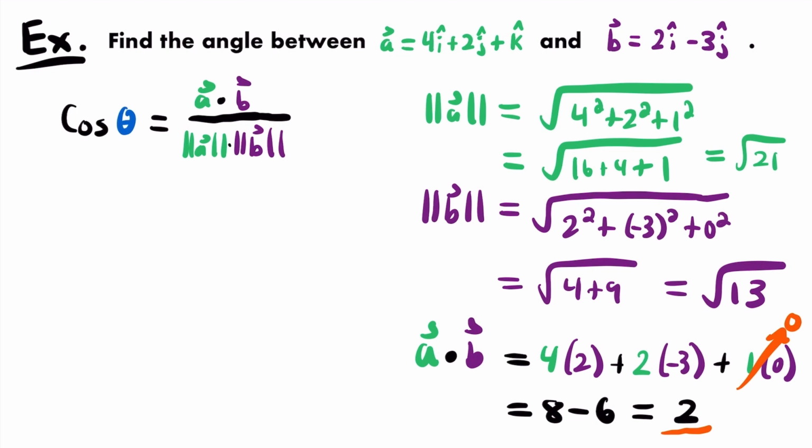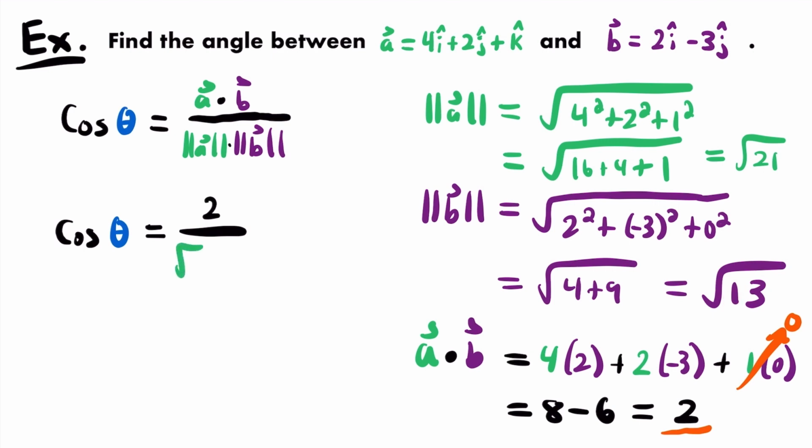And so now we have everything that we need to set up this equation. So let's do that. We'll have cosine of theta is equal to the dot product of vector A and vector B, which is 2. So we'll have 2 divided by the magnitude of vector A times the magnitude of vector B. So we'll have the square root of 21 times the square root of 13.